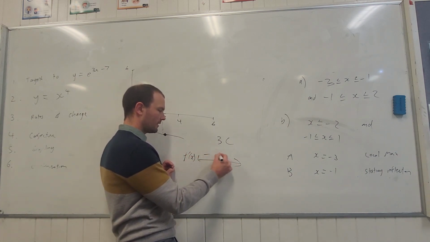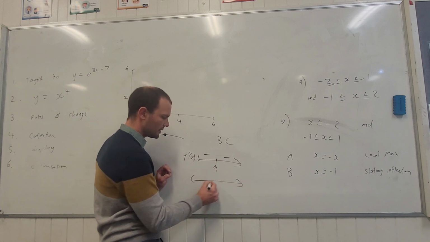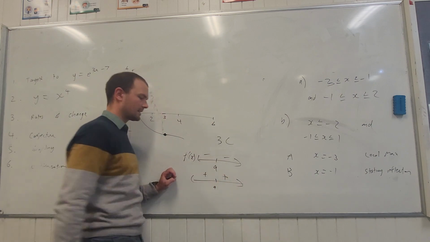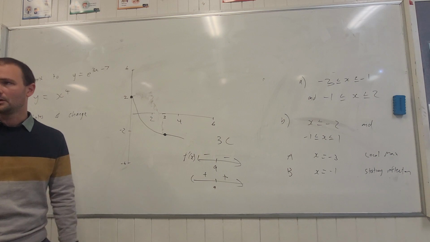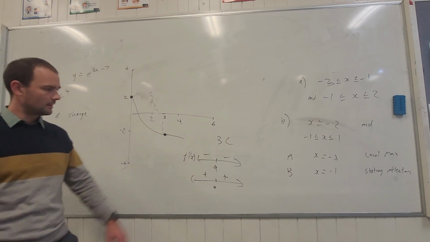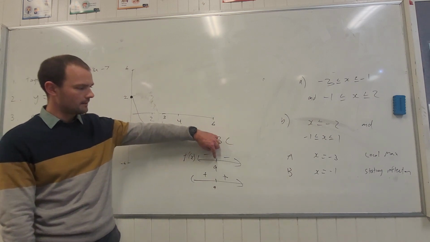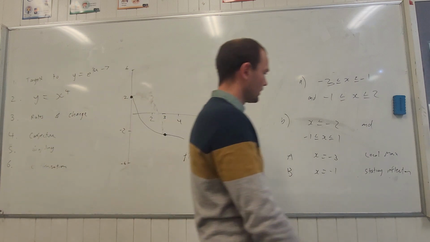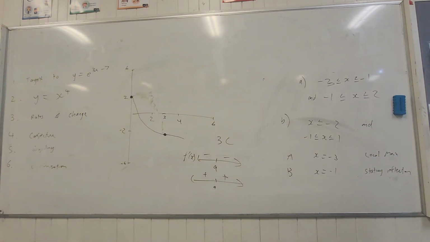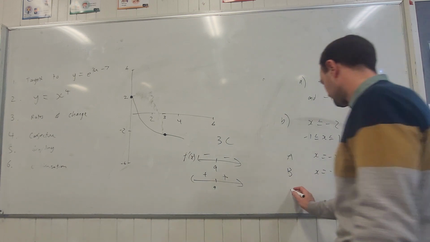Okay, if it looks like this, or like this, that's stationary inflection. Okay, because it continues its descent even though it goes horizontal at that point. Alright, so that's point B, and then for point C here at x is 2, decreasing then increasing, we have a local minimum.